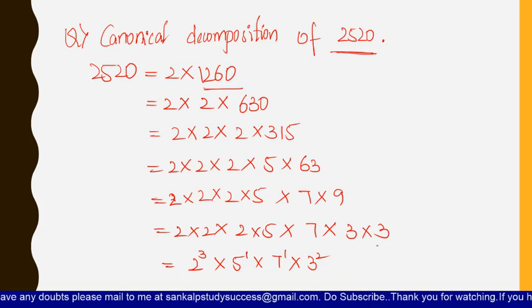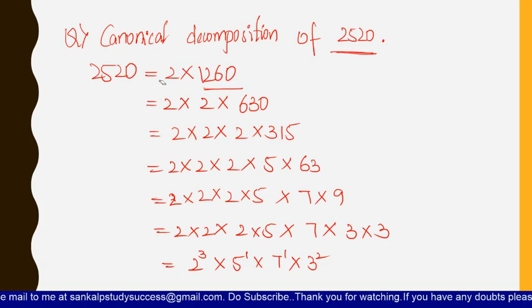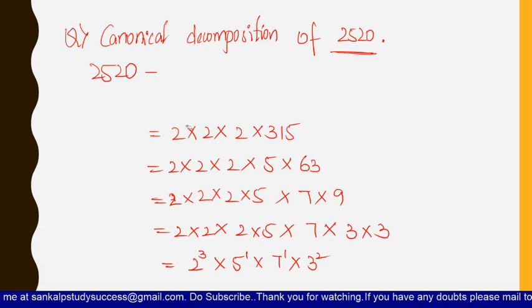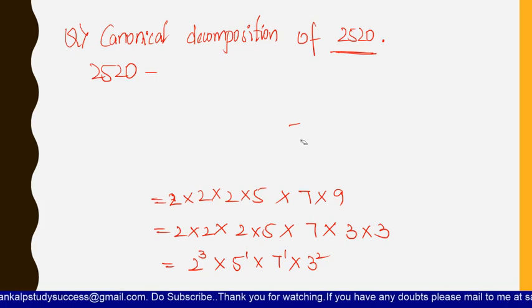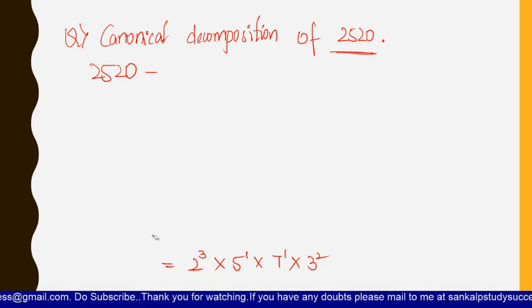Okay. Now we can also follow the second method. Let me erase it so that we can go with the second method. What is the second method? The second method is the most efficient method, which we have already learned in the previous slide.